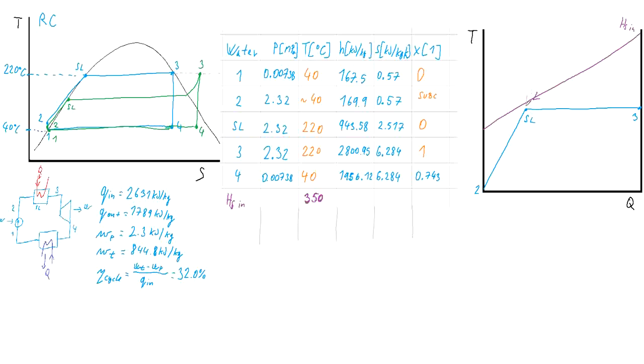Then over here, directly vertically on top of the saturated liquid, there will need to be the minimum temperature difference, and this point with the same transferred heat between points 3 and SL, from the heat source in, we will call the heat source pinch point. And then over here we have the heat source outlet.